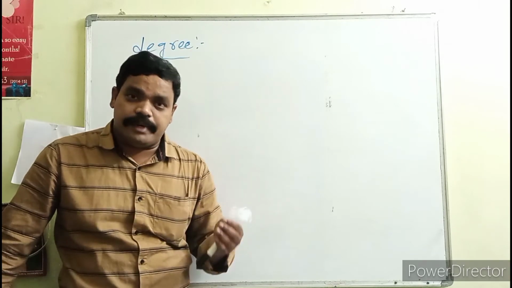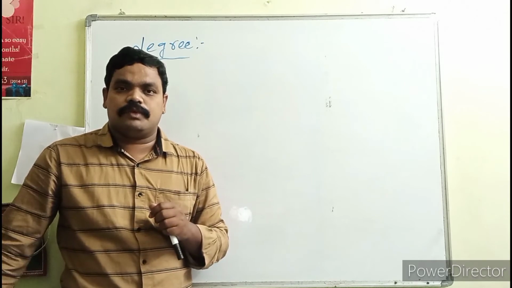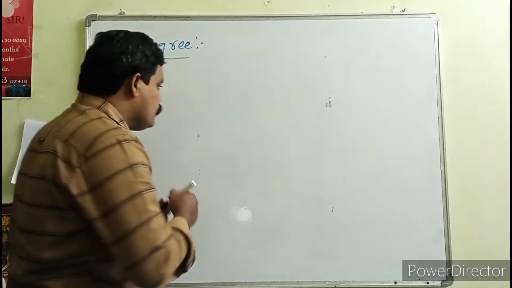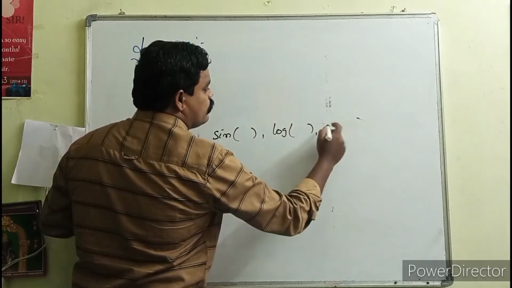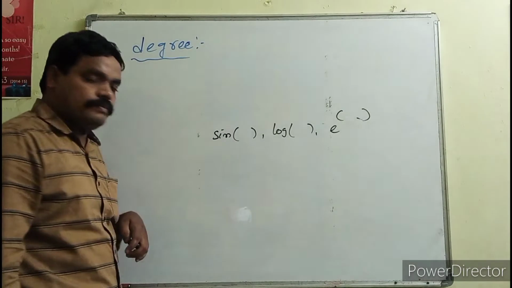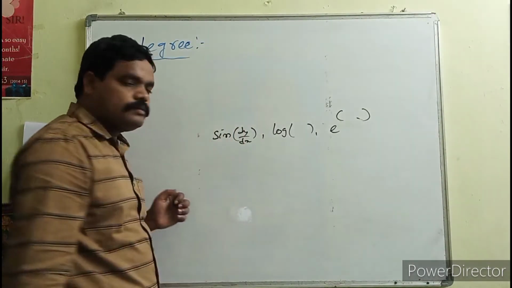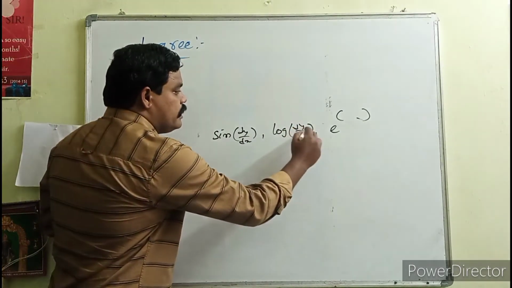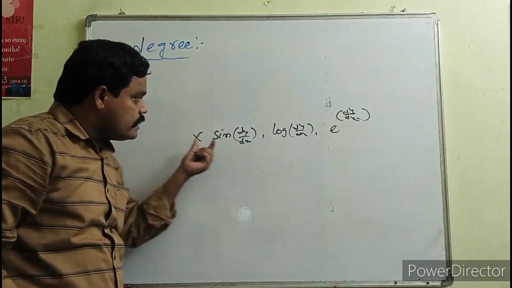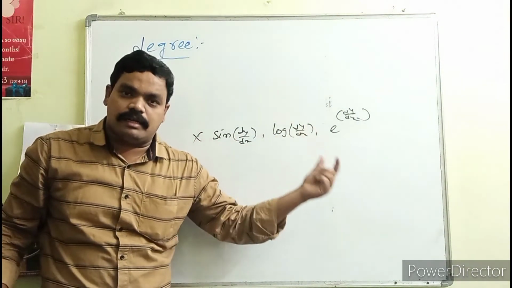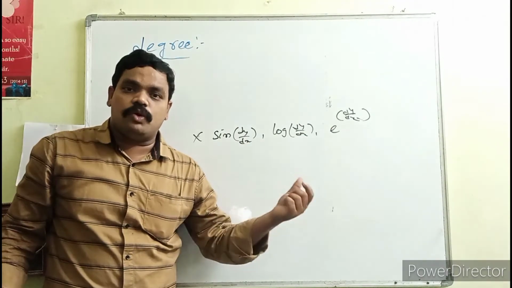The powers cannot be negative numbers or fractions, okay ma, and also sine of, log of, e power of, sine of dy by dx, log of dy by dx, e power of dy by dx. In these cases, we cannot determine the degree of the differential equation. Means we cannot express it in the polynomial form.